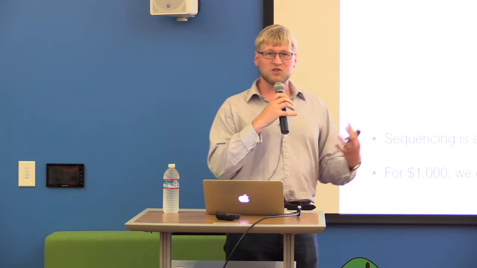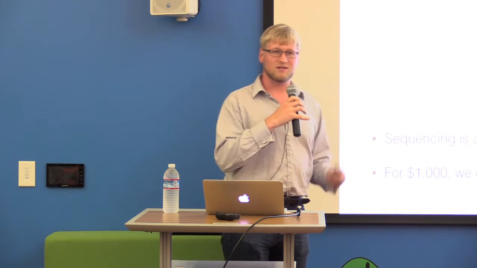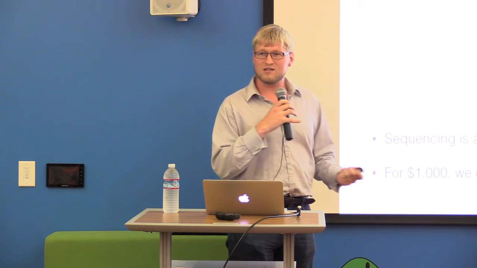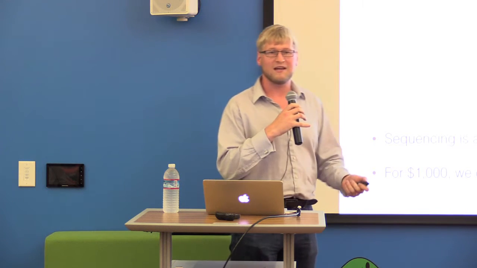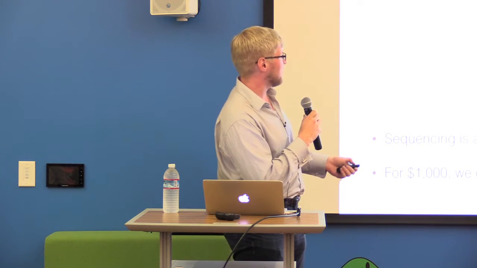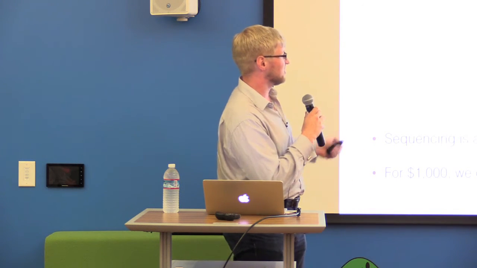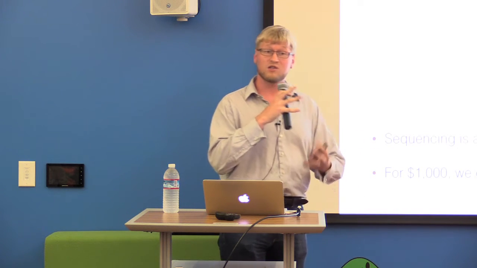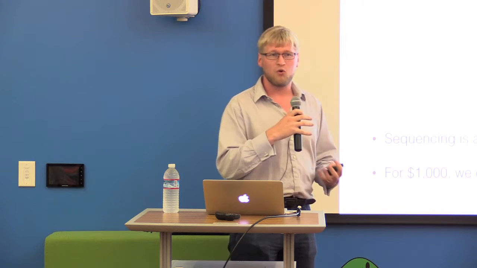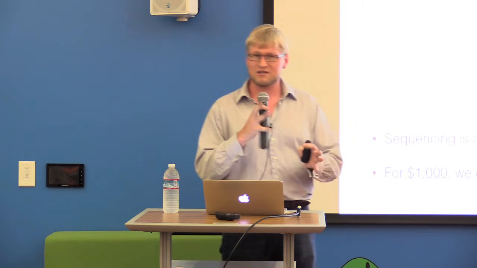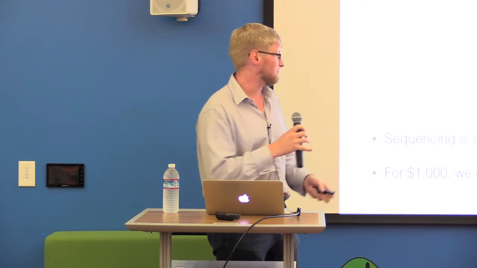For those of us on the machine learning, statistical side of things, essentially sequencing is just a Poisson substring sampling process. We take your genome, we replicate it, and we cut out these string fragments, which right now most people use between 100 and 250 bases long. And we sample from that pool under a process that looks essentially like Poisson sampling.